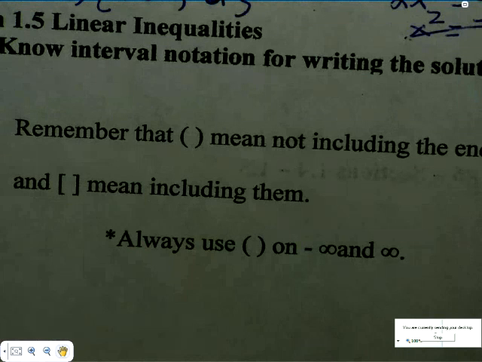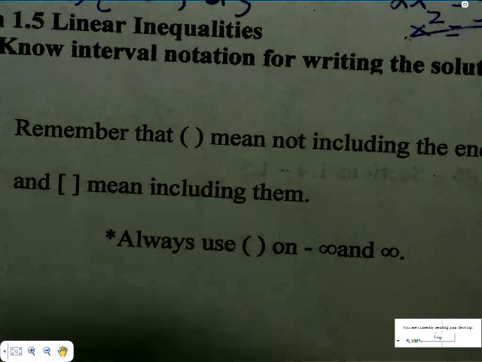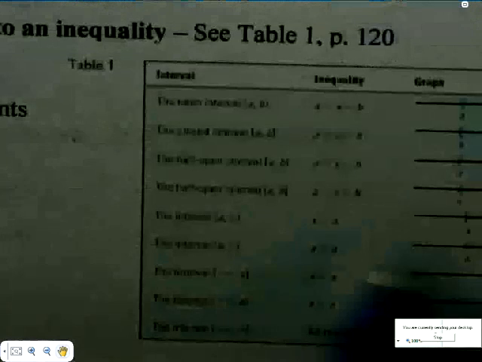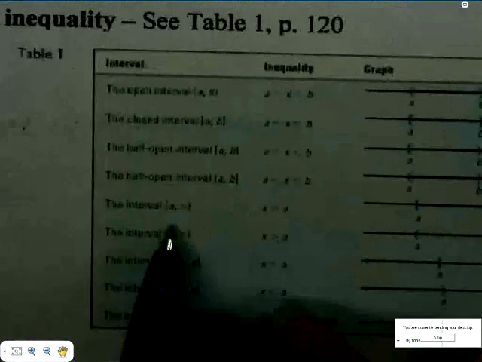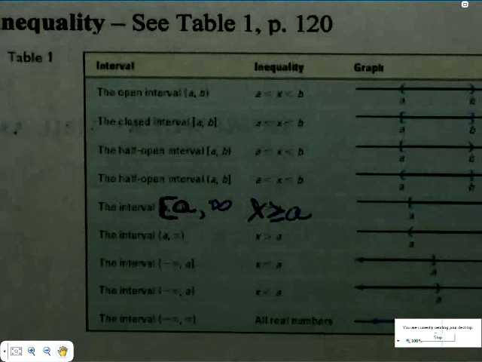So if you have the less than or equal to or the greater than or equal to, you'll use brackets instead of parentheses. And that's why right here, that interval notation that you can't see had a bracket on the a because the original inequality was x is greater than or equal to a. And the or equal to is what caused me to put a bracket on the a.